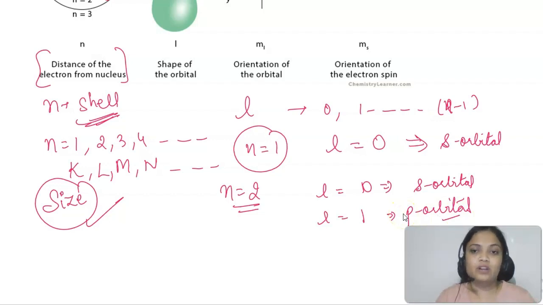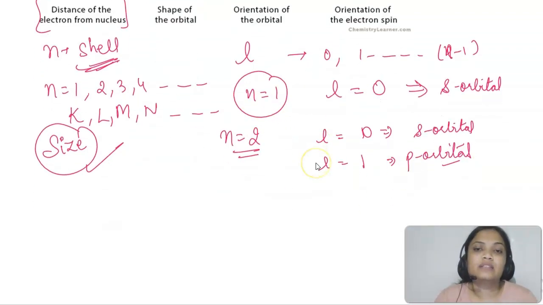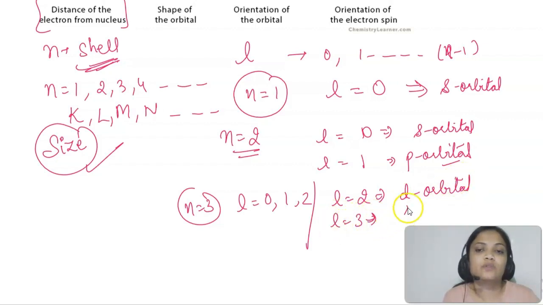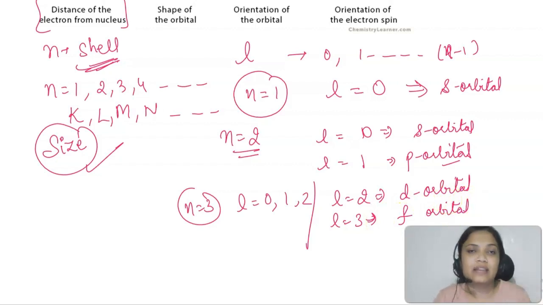Now next up is l equal to 2. Like if n is 3, the values of l will be 0, 1, 2. So l equal to 2 denotes the d orbital. Similarly, l equal to 3 denotes the f orbital and so on. So we get to know in which orbital inside the shell our electron is.